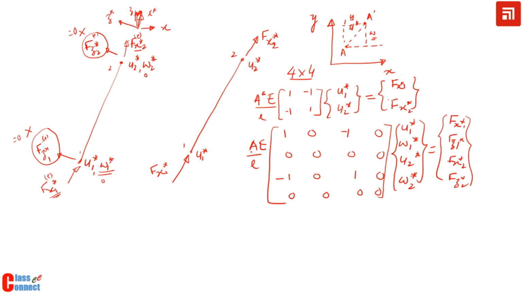Let me verify this. After solving this, I get AE by L into 1 multiplied by u1 star.